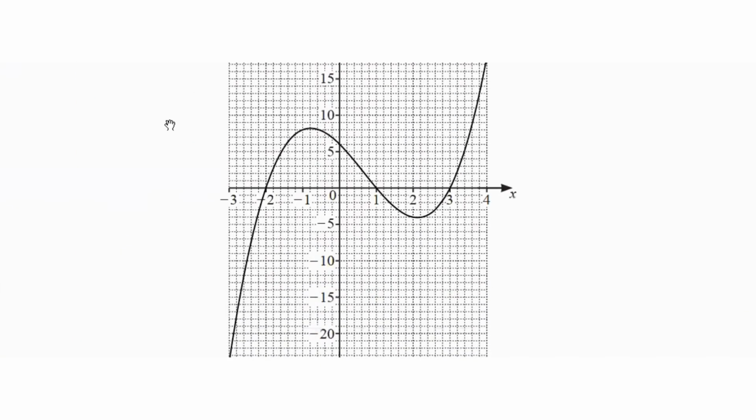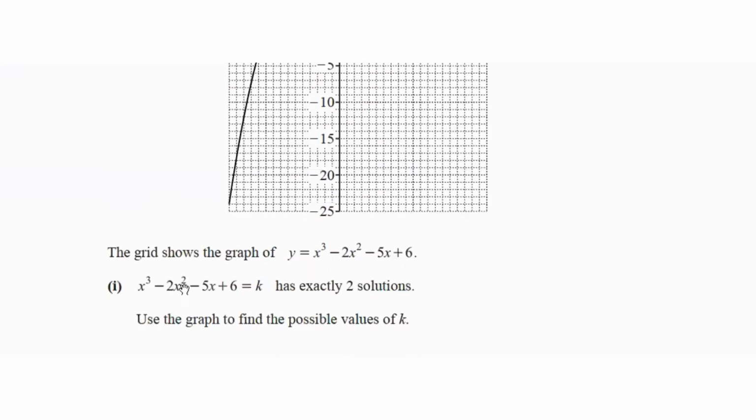Part C shows us a cubic graph. The grid shows the graph of y equals x cubed minus 2x squared minus 5x plus 6. x cubed minus 2x squared minus 5x plus 6 equals k has exactly 2 solutions. Use the graph to find the possible values of k.